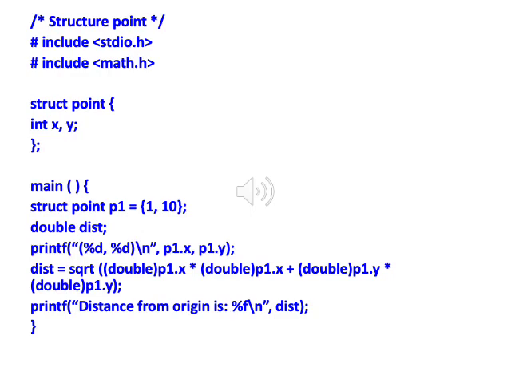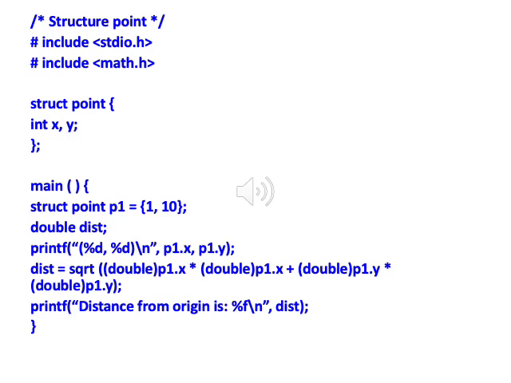So once again, we have p1.x times p1.x plus p1.y times p1.y, and because the x and y components are integers, and the distance has been declared to be a double for the precision, we have cast all of these four values as doubles, right? So what it will do is x squared plus y squared, take the square root, and then store the result in distance.